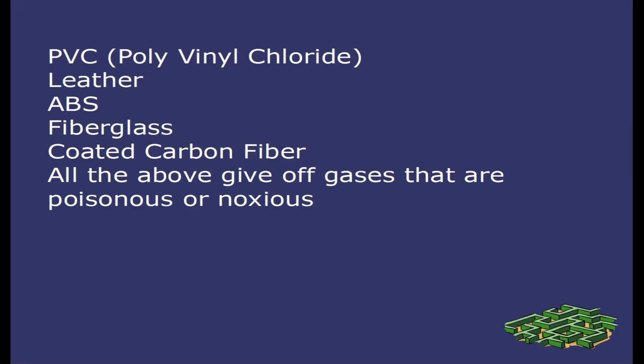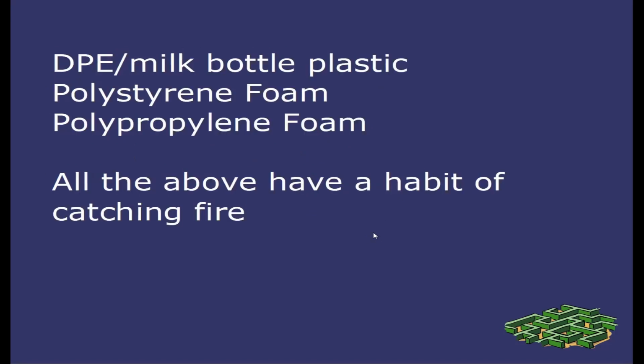Some of the coatings that are on the carbon fiber are very dangerous, very toxic. All of the above give off gases that are poisonous. HDPE, or milk bottle plastic as it is, polystyrene foam, polypropylene foam. These all have a nasty habit of catching fire if you don't get your settings right. You can cut them, you can engrave them, but you have to be very, very careful.